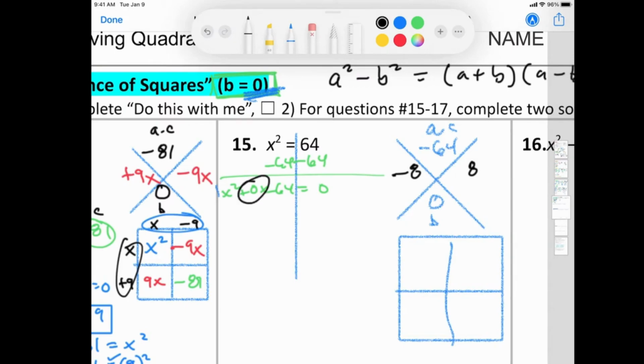That is the middle term, 0x. So I'm going to put an x here. Bottom left, top right. That one always goes into top left and the bottom right.